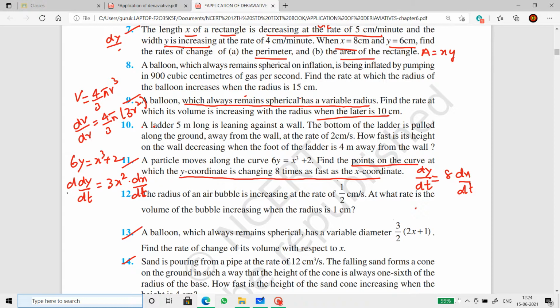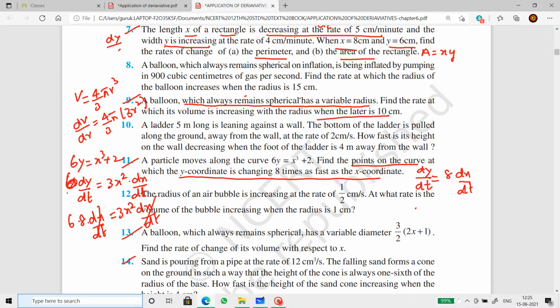It's 6 here. 6 into dy by dt is equal to 3x square into dx by dt. dy by dt is 8 times dx by dt. So 6 into 8 into dx by dt is equal to 3x square into dx by dt.